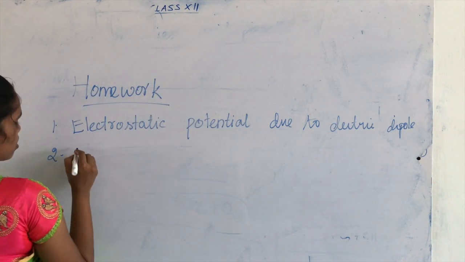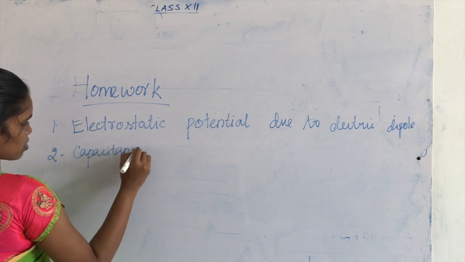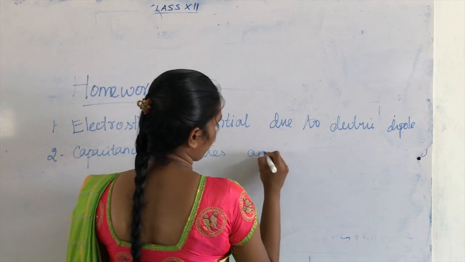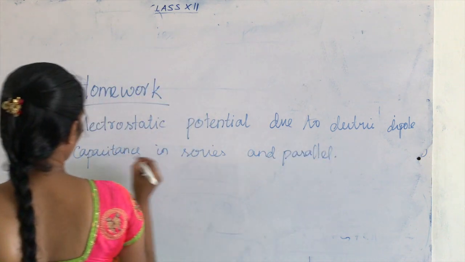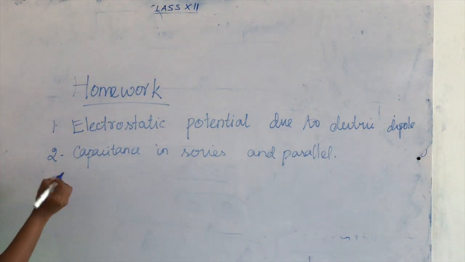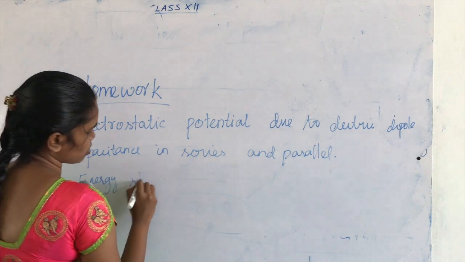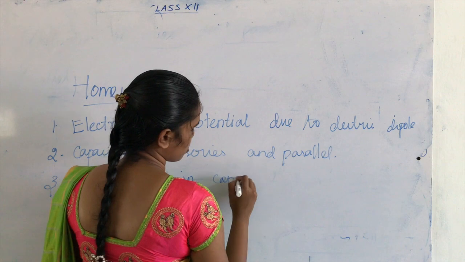Second is capacitance in series and parallel. Write down, children. Note down the homework correctly. And third one is the energy stored in capacitor.